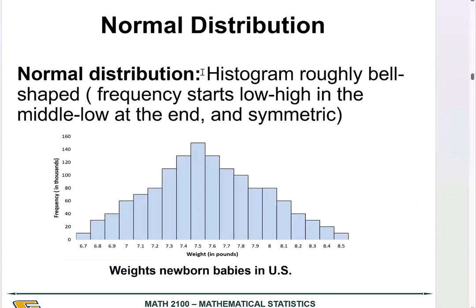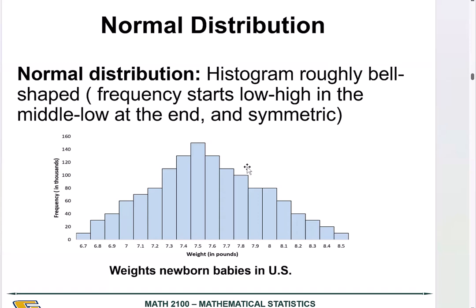Again, here for the normal, right? Here is the weight of newborn babies in the US. You see that the center here is high, right? Most babies weigh about 7.4 to 7.8, something like that. In the middle trend. And you have some on the left side, which is about 6.7 and below, and some on the high side, right?